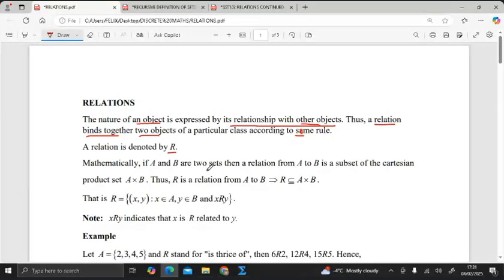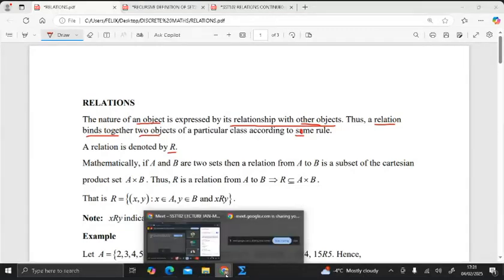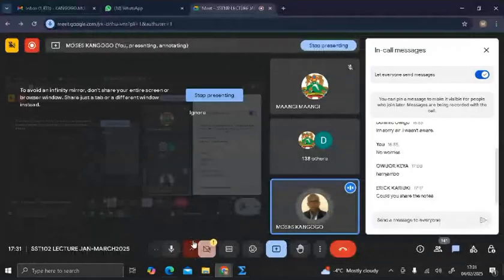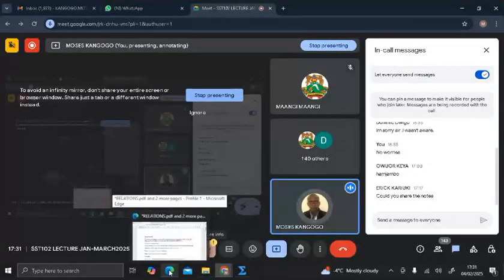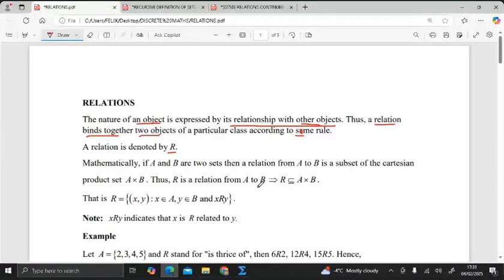And you told me that mathematically, if A and B are two sets, then a relation from A to B is a subset of the Cartesian product.